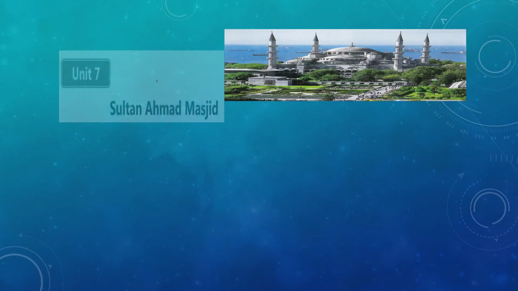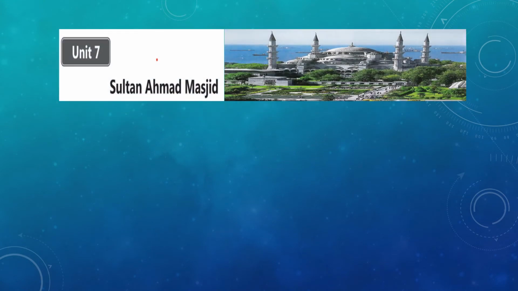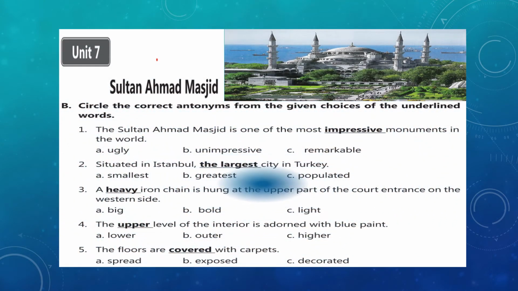The second vocabulary exercise on the same page is circle the correct antonyms from the given choices of the underlined words. This is a multiple choice question and has great significance from exam's point of view. The first sentence is the Sultan Ahmad Masjid is one of the most impressive monuments in the world.